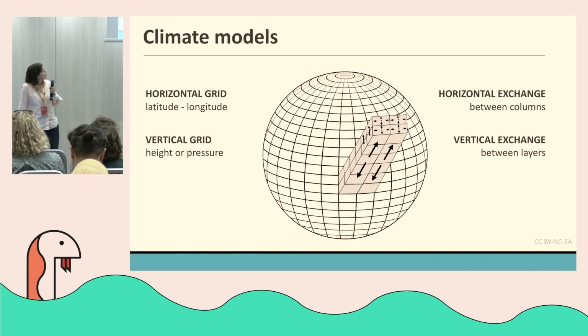Why are they useful? If we want to select an area of interest to analyze the climate data in this area, or simply select a specific location, we need to know the coordinates. This helps us to filter the data. But we even have to consider another dimension, which is the height, since climate data can be measured at different levels of atmosphere, or even pressure if we think about the oceans.